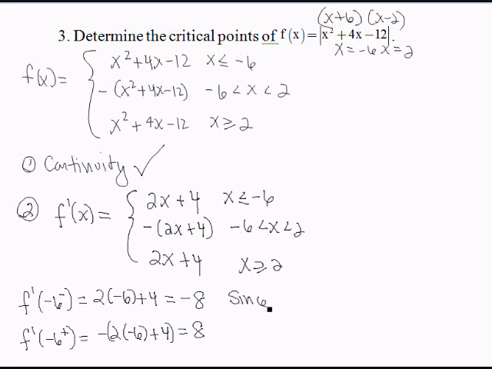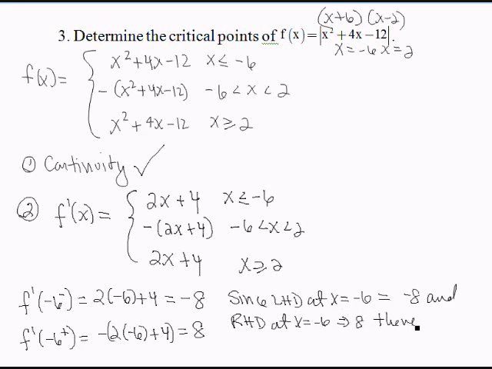So since the left-hand derivative at x equals negative 6 equals negative 8, and the right-hand derivative at x equals negative 6 equals positive 8, therefore x equals negative 6 is a critical number.